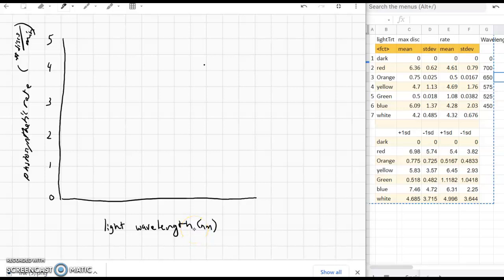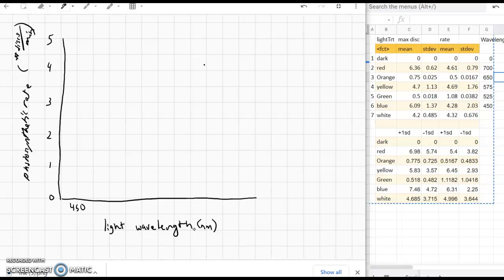So we'll go from the most energy at 450 and work up to the least amount of energy at 700. But you know, I'm going to put 0 on that end as well. I know it's a little weird, but there would be no energy in that particular wavelength.